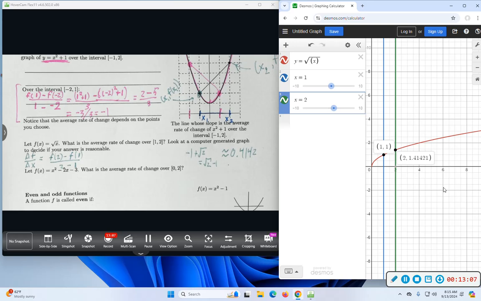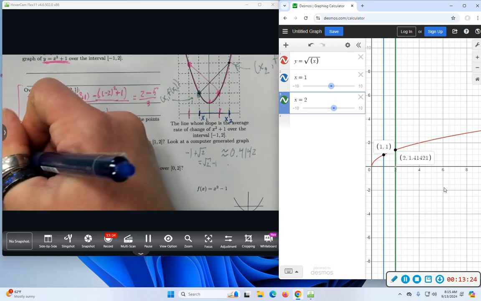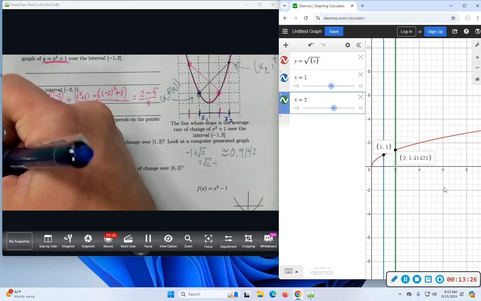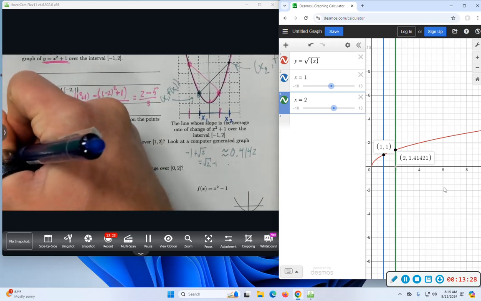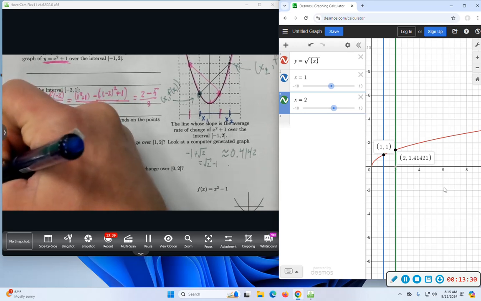You can't factor out the f or combine the 2 and the 1 in the numerator at all. That doesn't work. Could you do f of 1 minus f of 2? Yep, as long as you did 1 minus 2 in the denominator. This is the same thing as f of 1 minus f of 2 all over 1 minus 2.